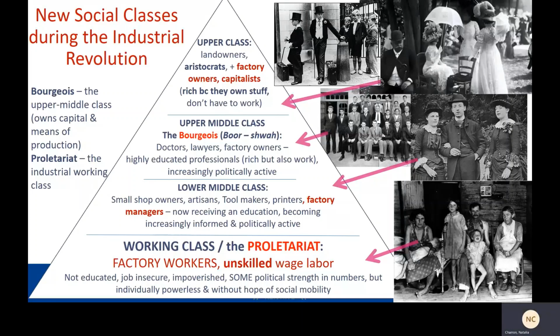Because of increasing political awareness of this group too, because of the rise of newspapers and just more information circulating to them, they became politically important. Not like the priority of governments or anything like that, but they couldn't be ignored.